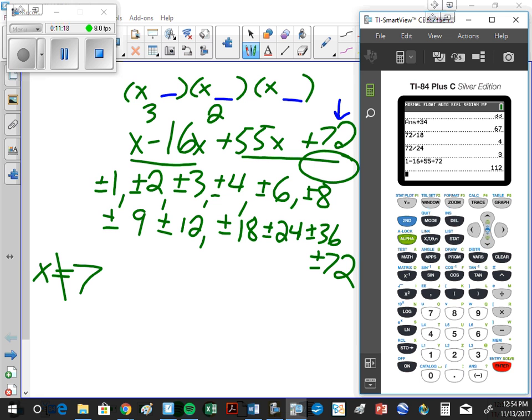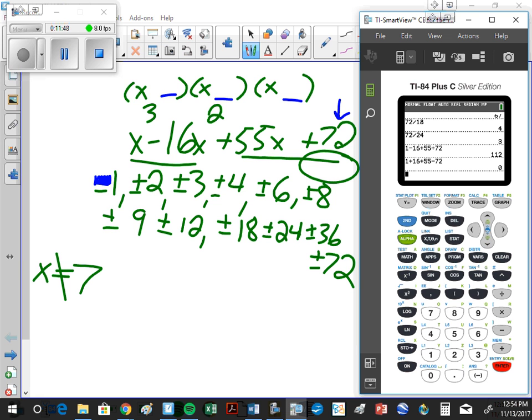So 1 is not one of the possible answers. How do you do negative 1? You change every other sign. So the first one stays the same, 1, and then we change the sign on the second one, plus 16. We leave the next one the same, plus 55, and we change the sign on the next one, and that's 0. So negative 1 is one of the answers. That's going to help.